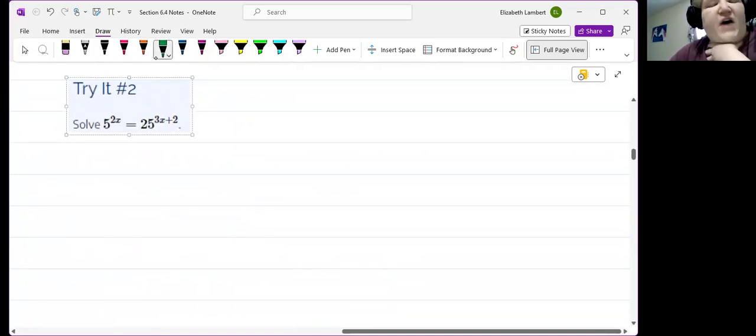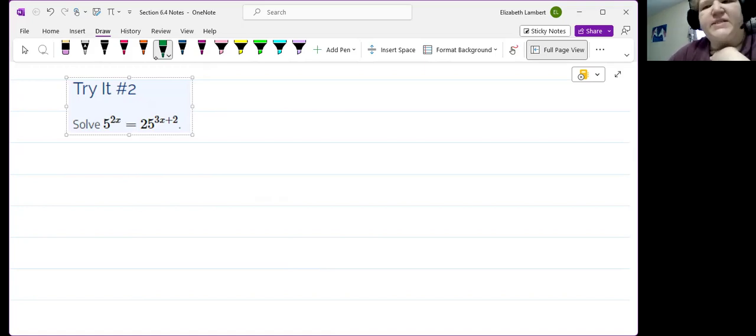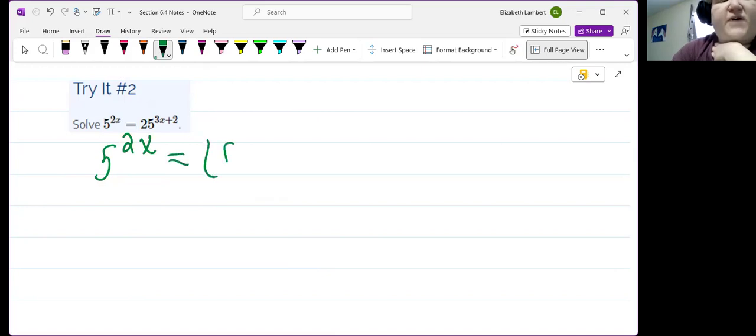All right, so we have 5 to the 2x equals 25 to the 3x plus 2. Two ways to see this one, but the standard way is to take the larger base and write it in terms of the smaller one. So I'm going to keep 5 to the 2x, and then the 25 I'm going to write as 5 squared instead.